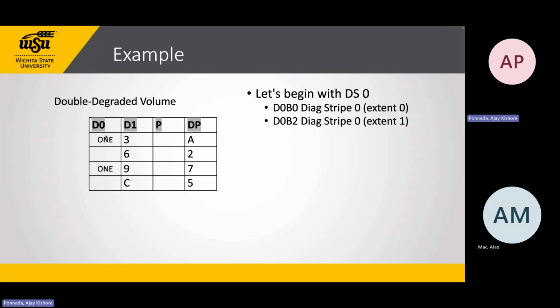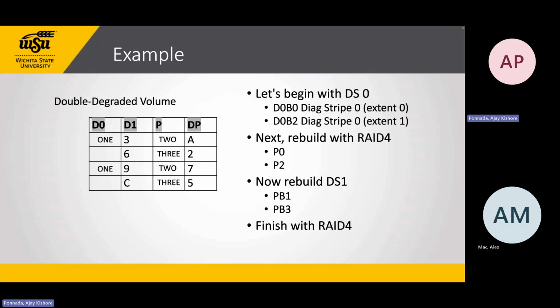So we can get these two by XORing things first. Next, rebuild P0. Finish with RAID 4, D0, B1, and D0, B3. Okay, that's how we reconstruct. That's just simple XORs.